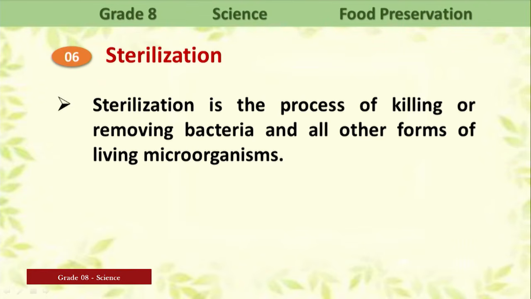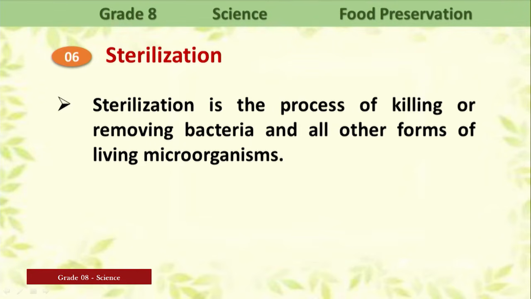Sterilization is the process of killing or removing bacteria and all other forms of living microorganisms. Once again, let us read it. Sterilization is the process of killing or removing bacteria and all other forms of living microorganisms.